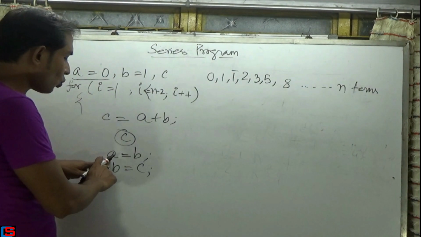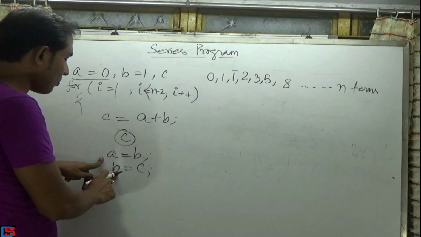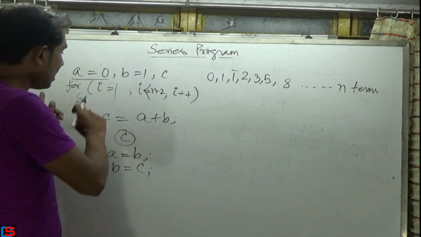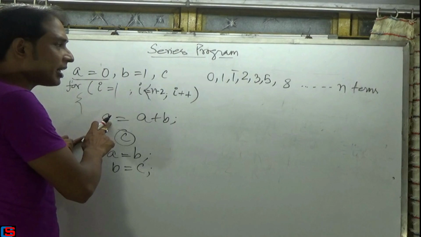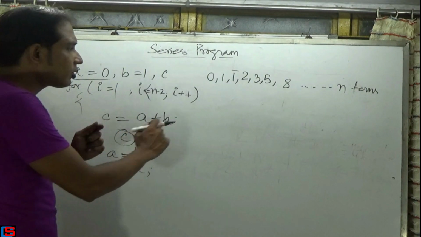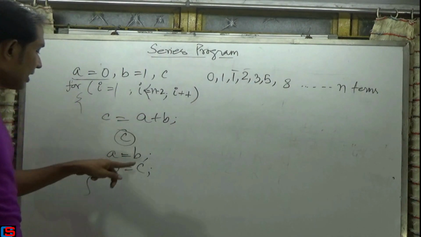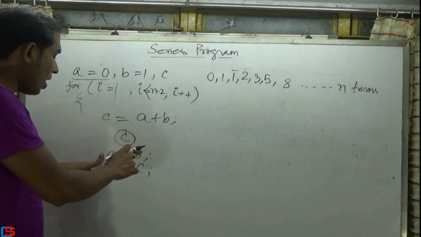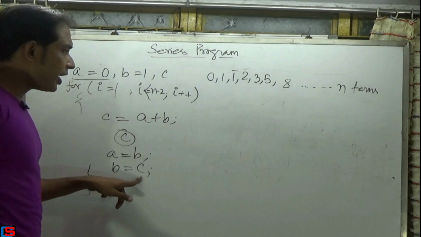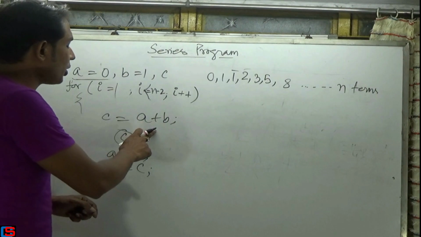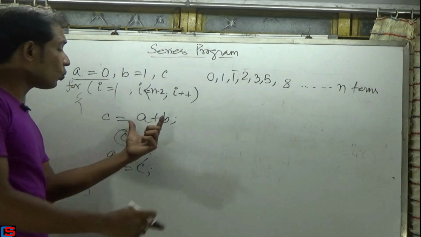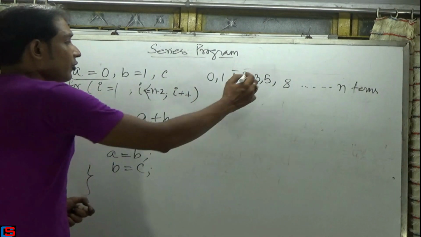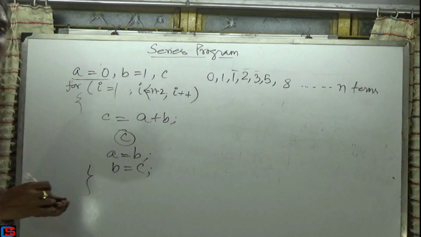Then a becomes 1 because b is 1, and b becomes 1. When the loop executes again, 1 plus 1, so c becomes 2 and is printed, then a becomes 1 and b becomes 2. Then again a is 1 and b is 2, so 1 plus 2 is 3, and 3 is printed. In this way you can solve this.